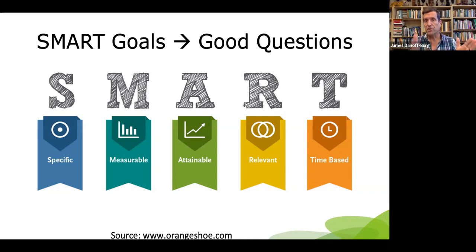So if we were to do an evaluation in a month, that would be way too soon. So we would want to plan the evaluation so that it's at least a year long, maybe longer. Right? So it needs to be both attainable and in the proper time. And the question needs to be relevant to your larger efforts, your larger goal.